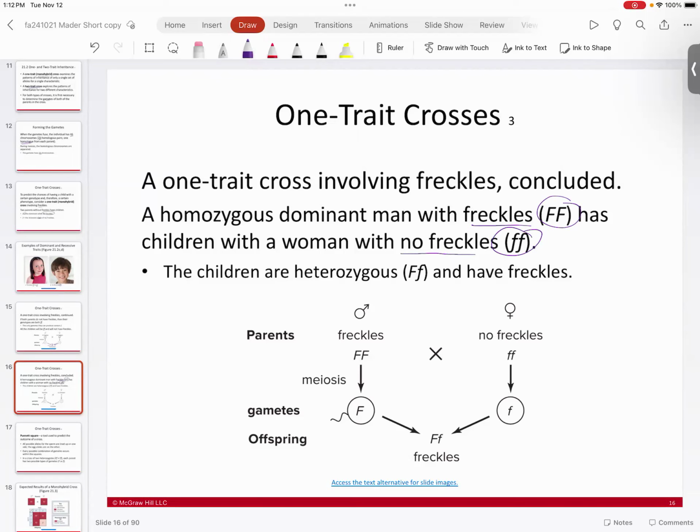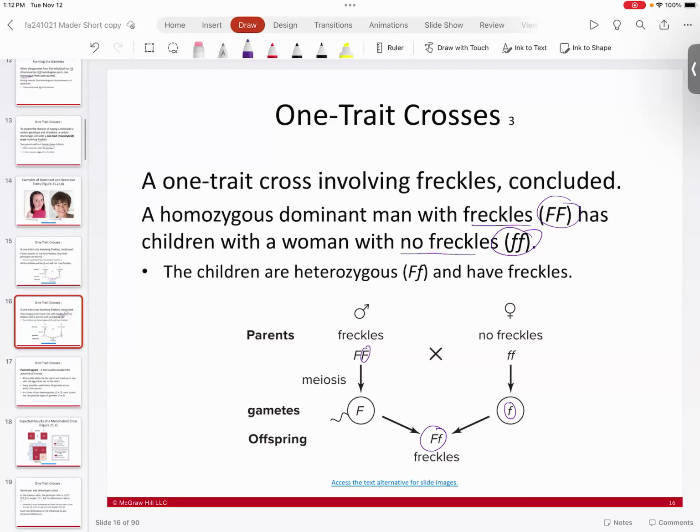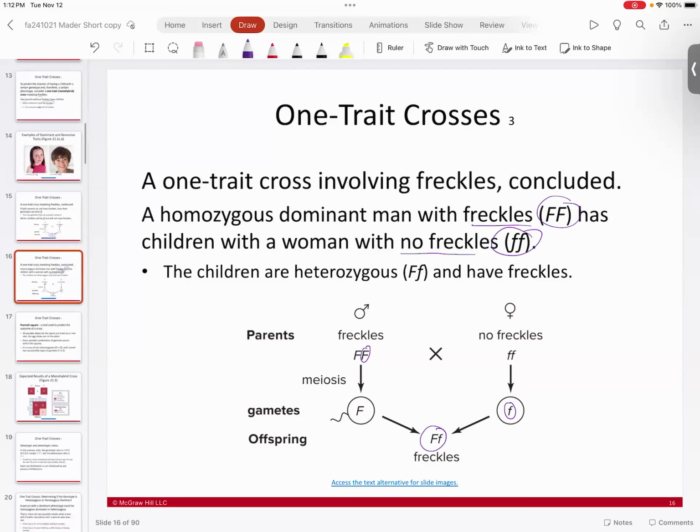Then when these two pair off, the dad can only give the dominant freckle allele, and the mom can only give the recessive no freckle allele. And so when you combine these two together, it creates a heterozygote child who would be dominant for freckles and would have freckles. So if you have freckles, then take a close look at your parents. One of them has freckles as well.